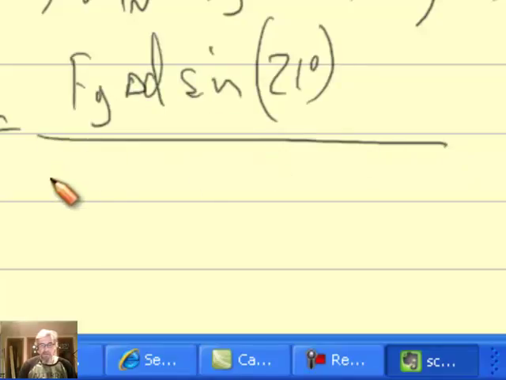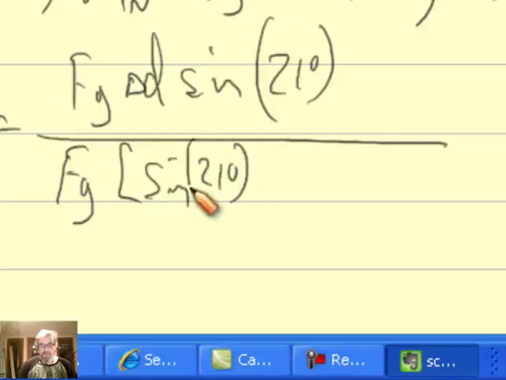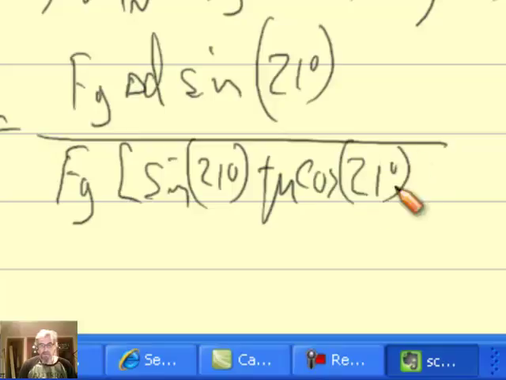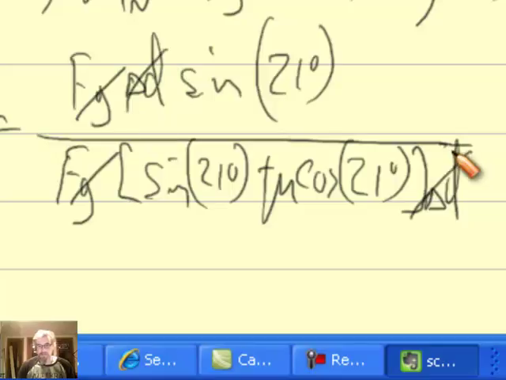And we just calculated the input work to be Fg times sine of 21 degrees plus mu times cosine of 21 degrees, and that was times delta D. Now if you look at what happens here, the force cancels out. The distance you actually push it cancels out. And so it turns out it doesn't matter how big the box is, and it actually doesn't matter how far you push it. The efficiency of this ramp is a characteristic of the ramp itself, not what gets pushed up the ramp.